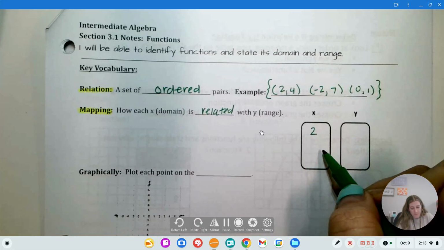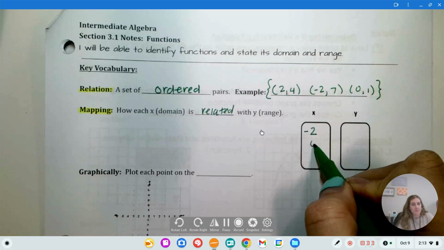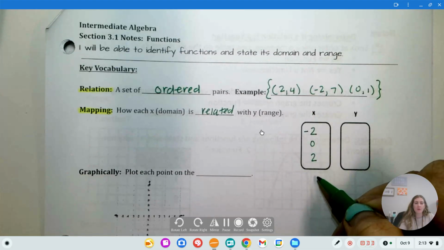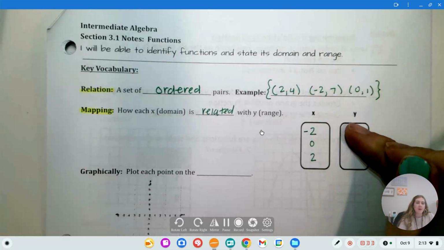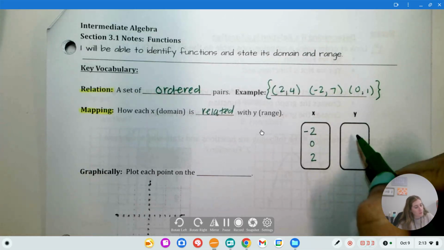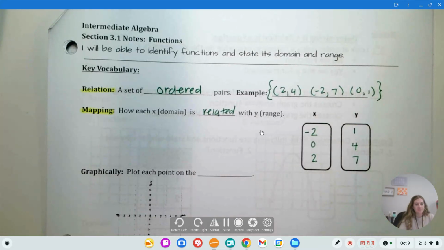I'm going to go least to greatest. So -2, 0, and 2. Normally when we list x's, we like to go least to greatest. Now when I list my y values, it doesn't really matter if they're least to greatest. We can if we want. So if we did it that way, it would be 1, 4, and 7.